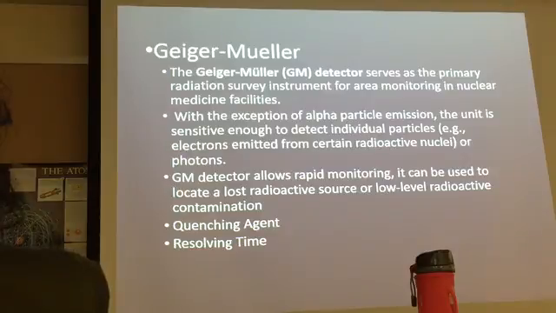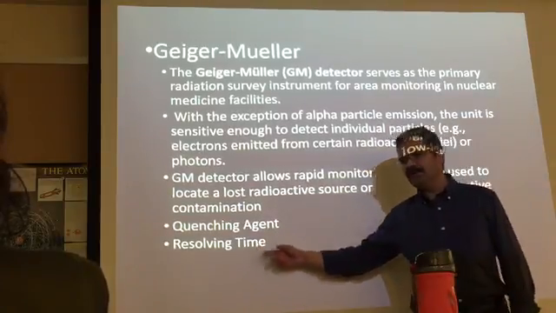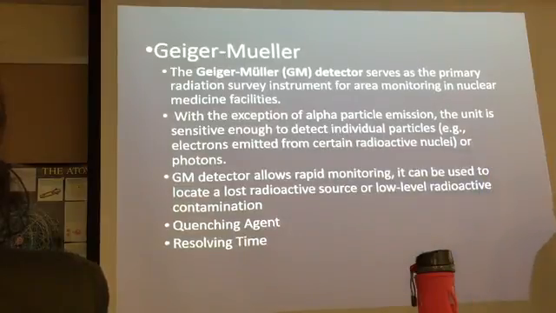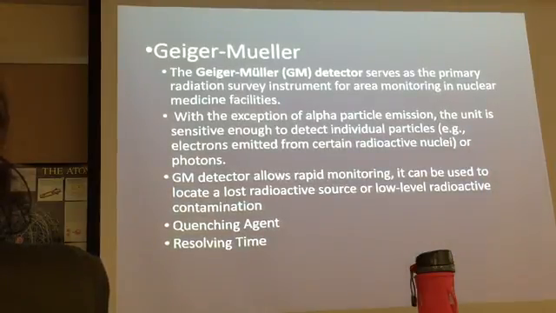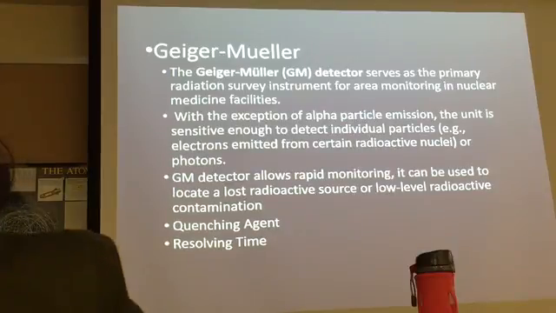So the quenching agent will slow down that process. Okay? One more thing. What is resolving time? It's the time that it takes for the detector to make another detection. It's the time between one detection and the next. It's called the resolving time. Okay?